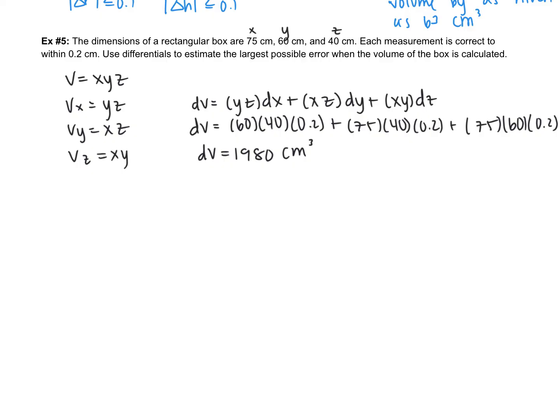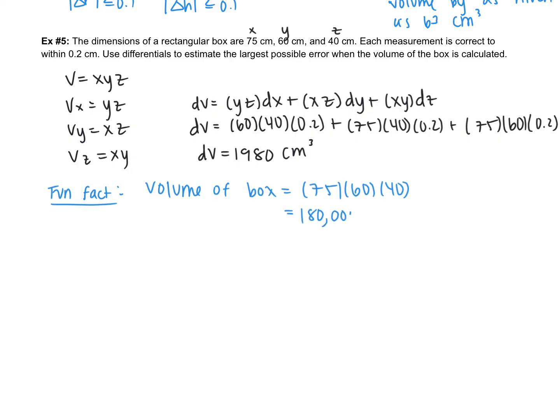So of course you might ask, how big is that actual error? Well, let's just add on to this a little bit. So fun fact, if you were asked to calculate the volume of the box, you would say that's 75 multiplied by 60 multiplied by 40, which is 180,000 cubic centimeters.